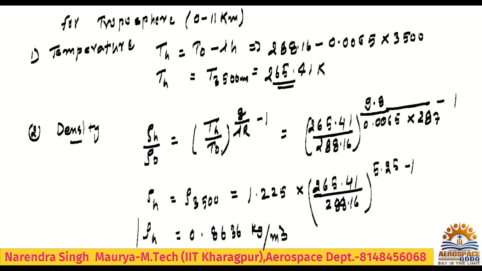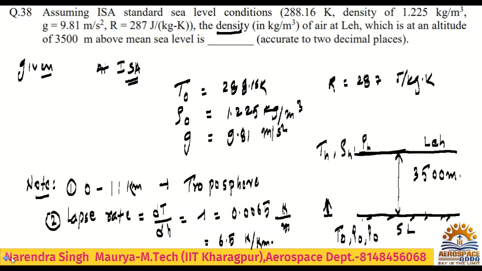This is the answer. So this is the fill in the blank. So what is the answer? 0.8636, unit is kg per meter cube. So only the value you have to give.